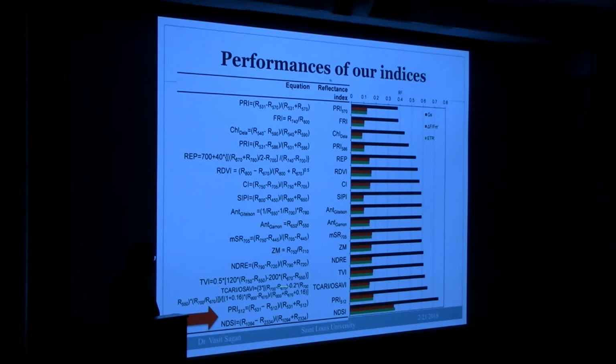And these are our indices. Based on those data, if there are modifications or improvements to be made, this is what we found: a modified PRI index, and also a normalized spectral index that best correlates with stomatal conductance. We apply those to monitor crops in open agricultural systems, predict yield, and deal with water stress issues.